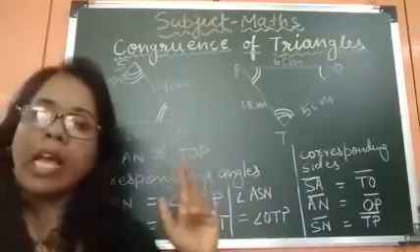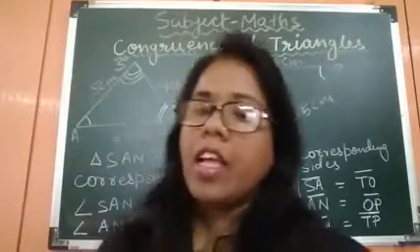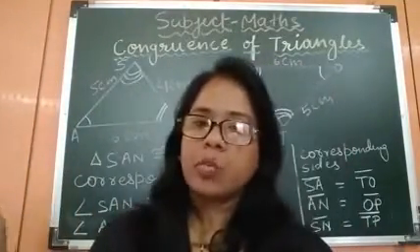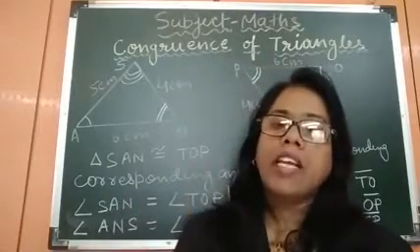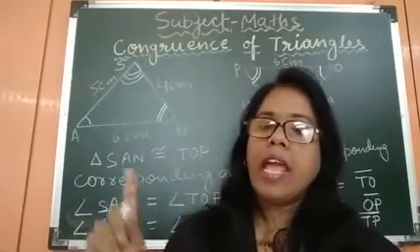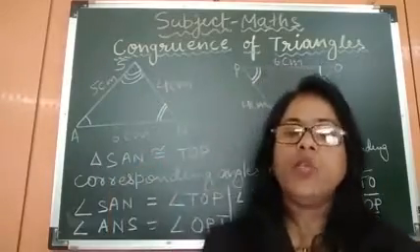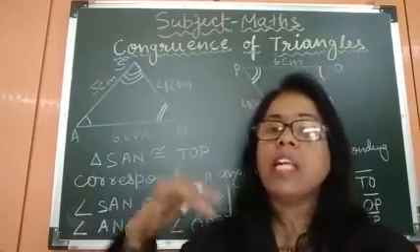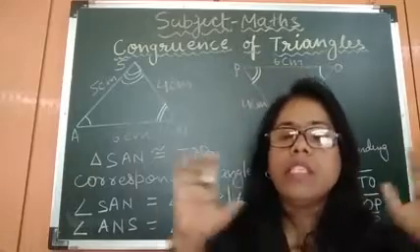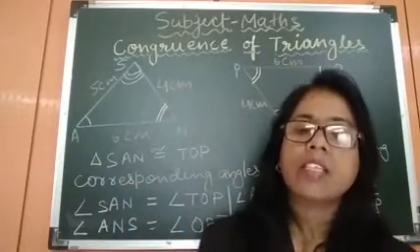So when two triangles are congruent, vertices are corresponding, sides are corresponding, and angles are corresponding. Corresponding sides are equal. You can say corresponding sides are congruent, means same in shape and size.